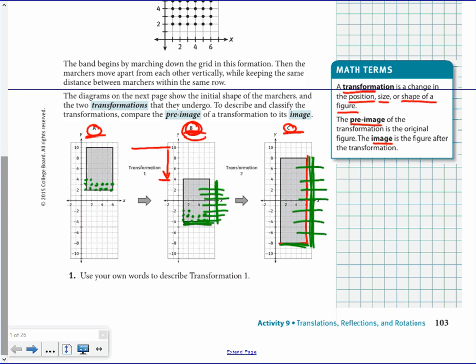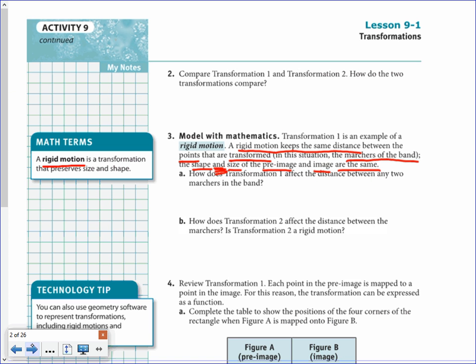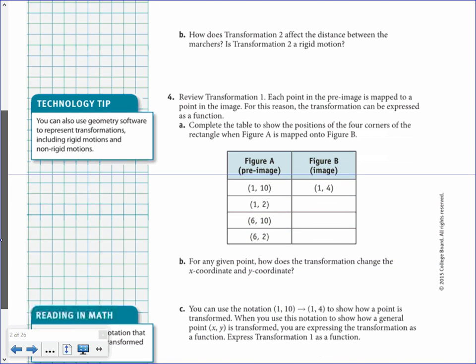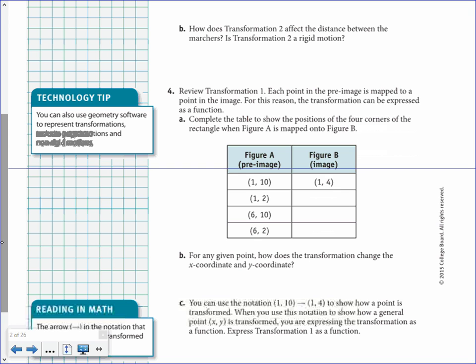So now let's look at number 4. We are going to look specifically at transformation 1. Each point in the pre-image, that's figure A, that's what we're starting with before we do the transformation.